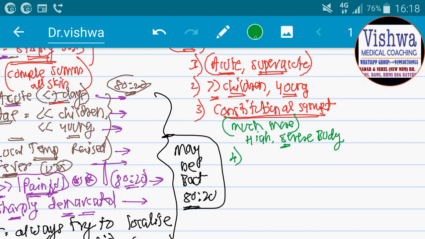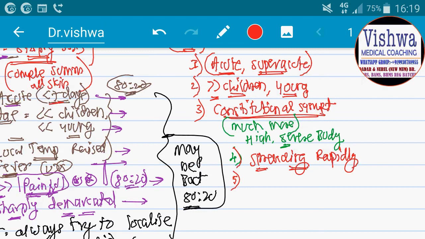Fourth important feature is how exactly the lesion looks like. It is spreading rapidly. That is the first thing you must understand. Spreading rapidly, much more. For example, yesterday it was a small patch, today it is 10 times more.